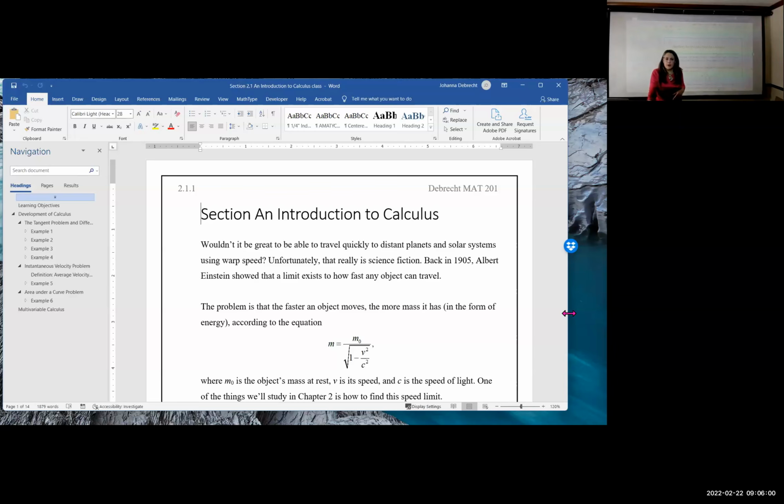Now, when we're traveling in a car, we're traveling so slow that the difference in our mass isn't really noticeable. But if you're traveling at much faster speeds, it is a little bit noticeable. You can feel it somewhat. And then as the speed approaches the speed of light, this fraction will approach the value of 1. But then as it approaches 1, you have 1 minus 1, which means you have 0 in the denominator.